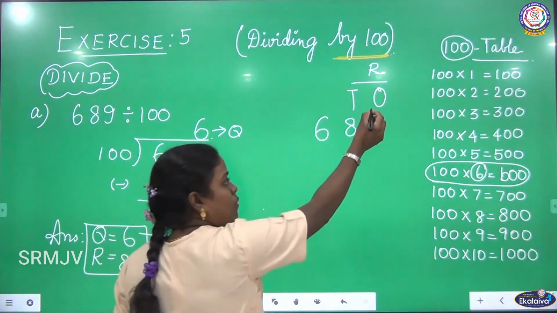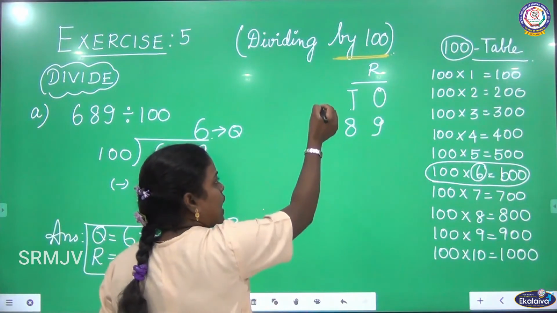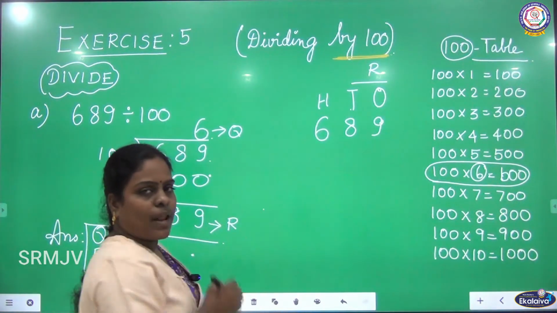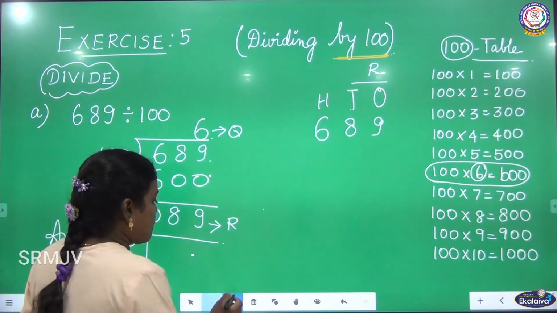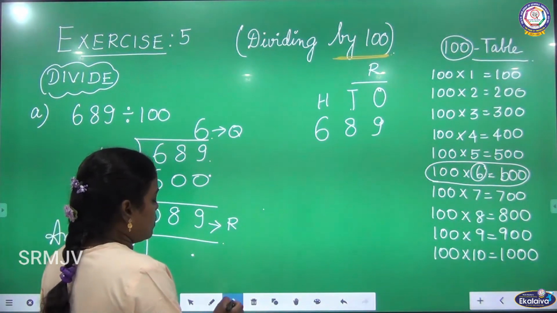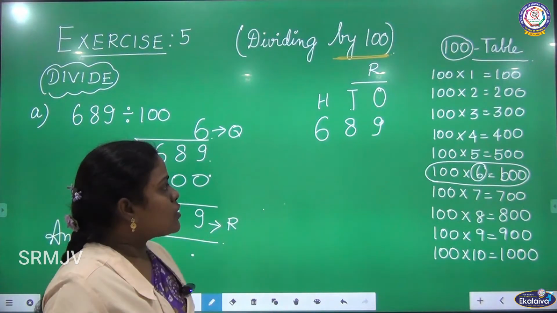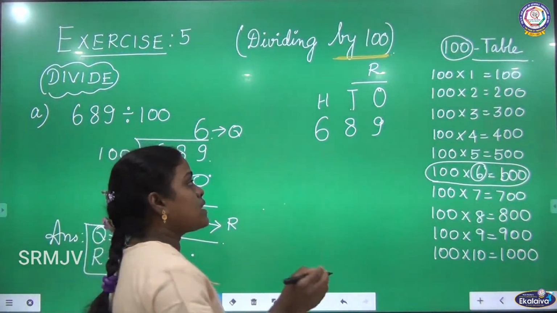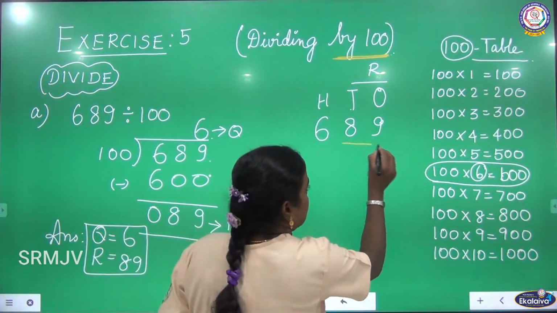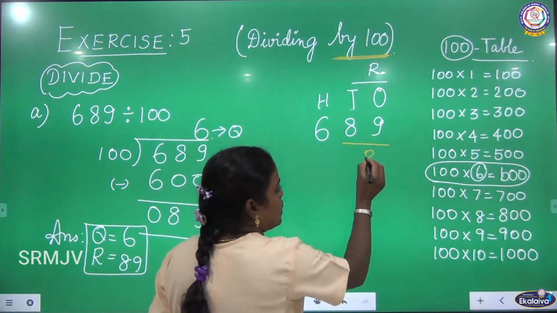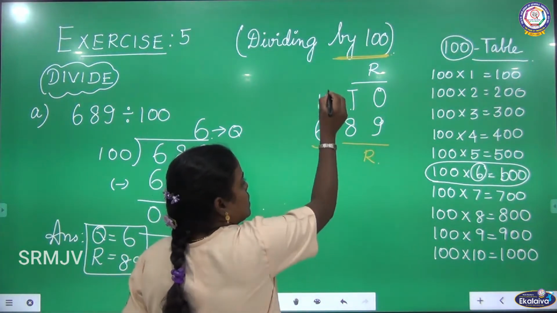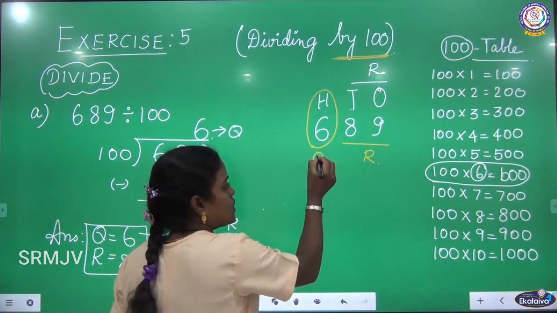So now ones, tens, 100, these are the place values. As I told you, you are going to take ones and tens place as the remainder and the rest of the digits is the quotient.